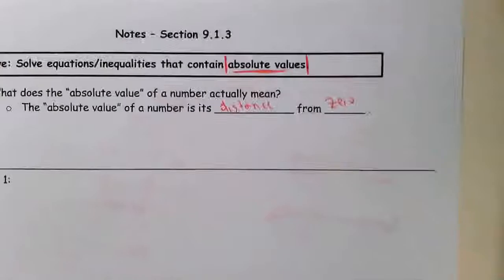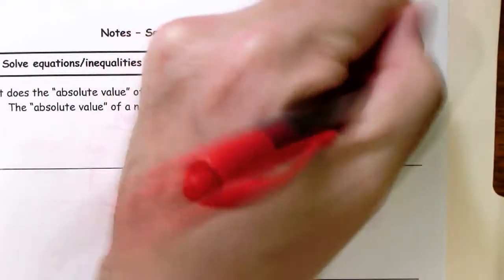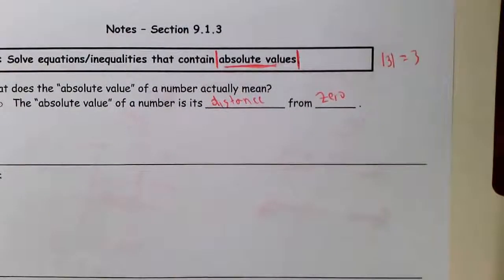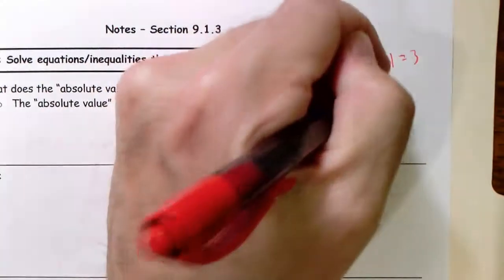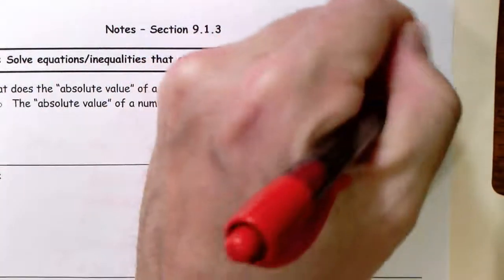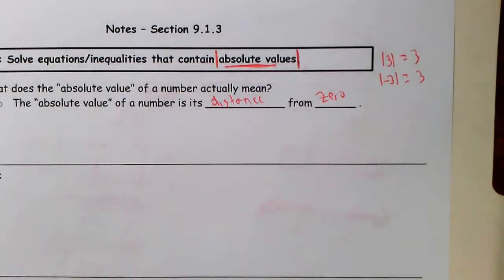For instance, the absolute value of 3 is equal to 3 because the number 3 is 3 spots from 0. But the absolute value of negative 3 is also 3 because negative 3 is 3 spots from 0.